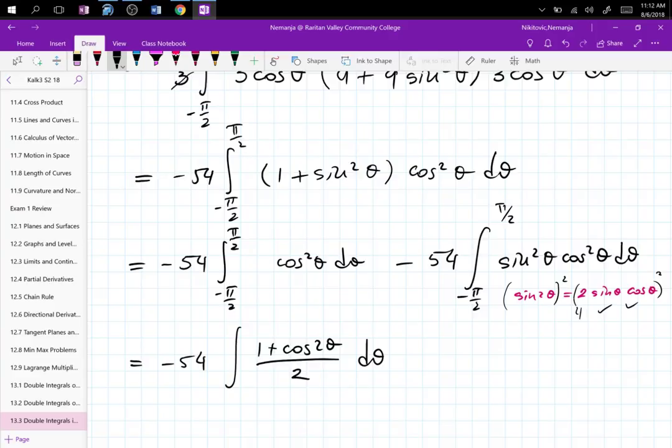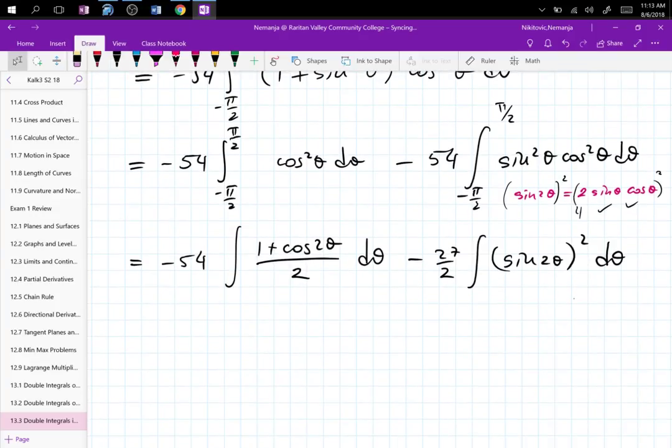I just need a 4. I can steal that from 54, right? Half of 54 is 27 over 2. So 27 over 2 integral, and I have sine 2 theta squared d theta, and I can again use the power reducing formula to deal with this.